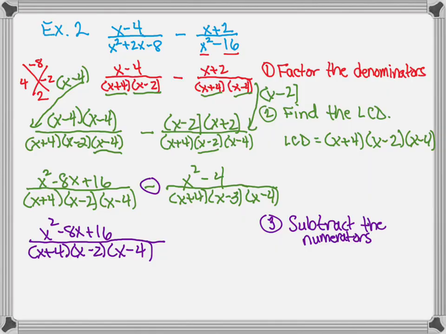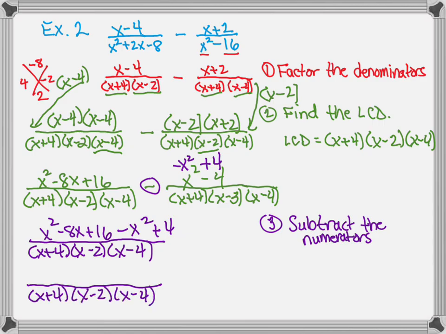I'm subtracting. And I like to do subtraction by distributing the negative and then adding my terms. When I distribute the negative to my second fraction, my numerator becomes negative x squared plus 4. So that's why I'm going to write in my new fraction, I'm going to have negative x squared plus 4. And now I can combine the terms in my numerator.